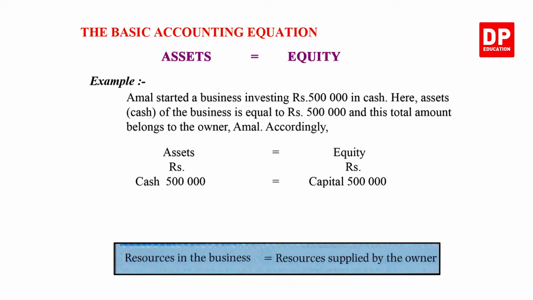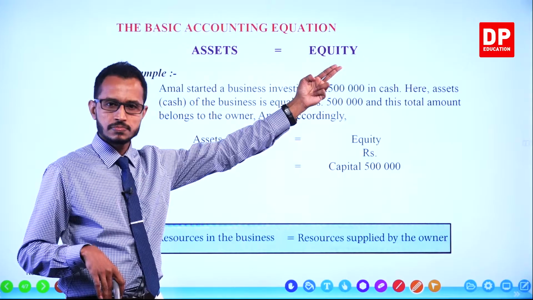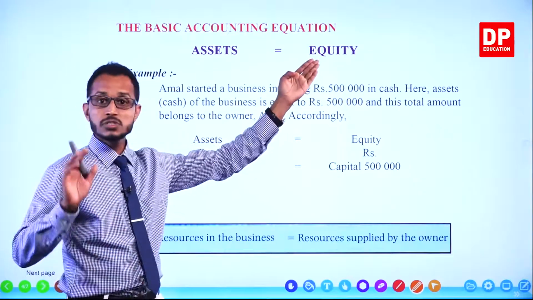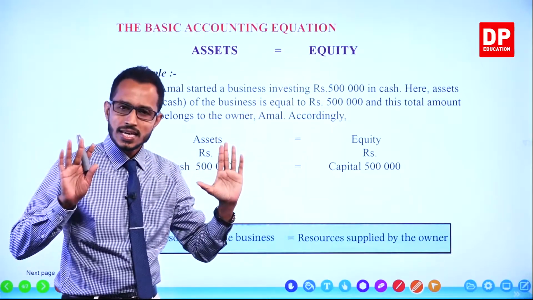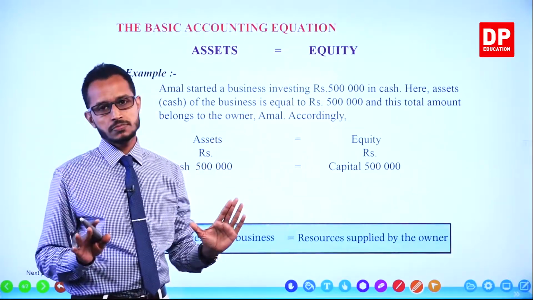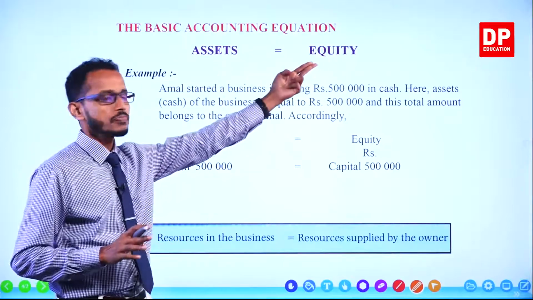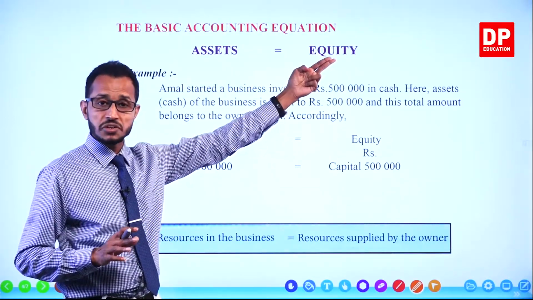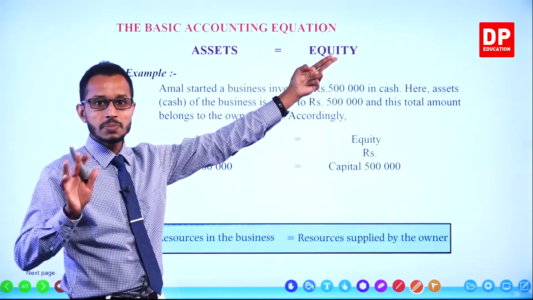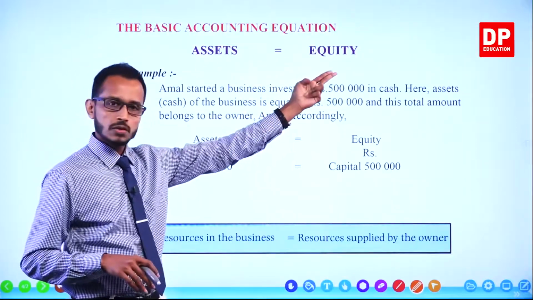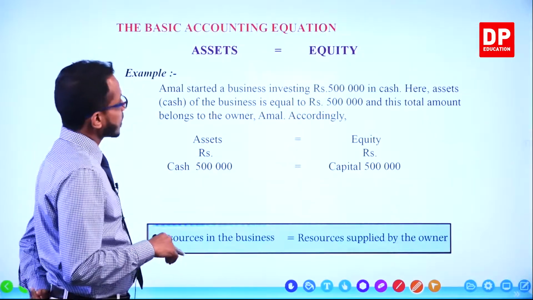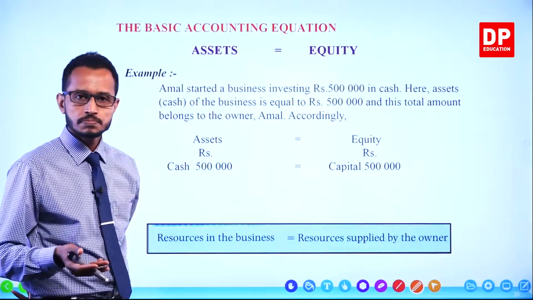Children, first of all, this is the most simple version of the accounting equation. Easy things first. It says assets are equal to equity.